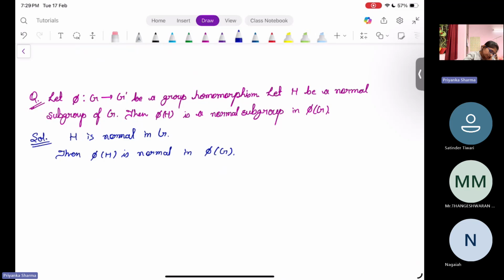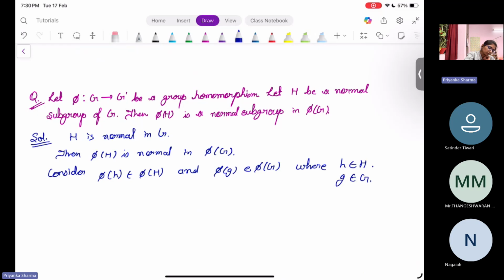We need to consider some arbitrary element in phi of H and phi of G. So say phi of h belongs to phi of H, and phi of small g is in phi of capital G, where h is in the subgroup and g is in the group. Actually phi of h and phi of g are images of h and g respectively.